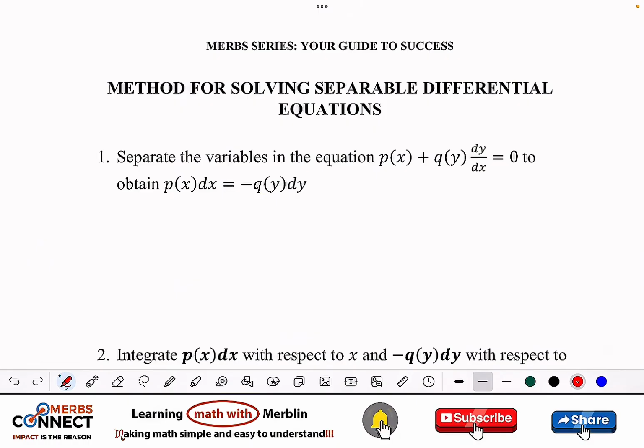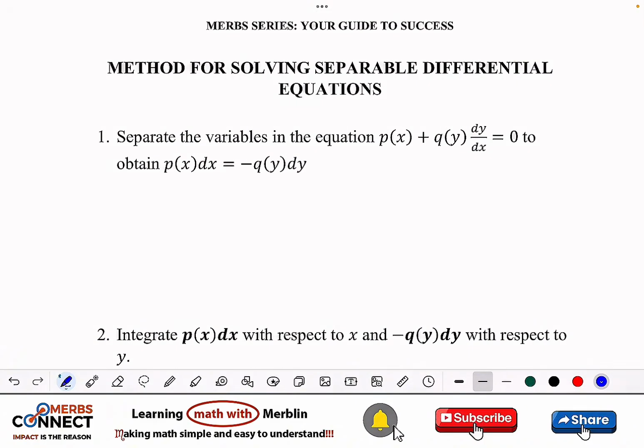So this is basically what we just want to do. For us to solve, after we've shown that the differential equation is separable, we need to write it in this form. So p of x plus k of y dy over dx is equal to 0.